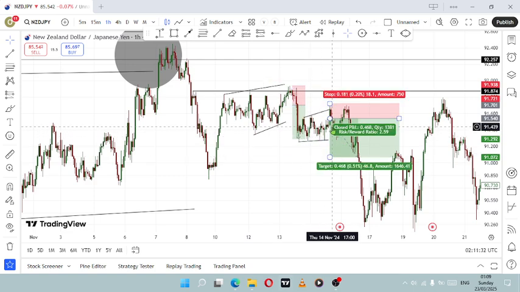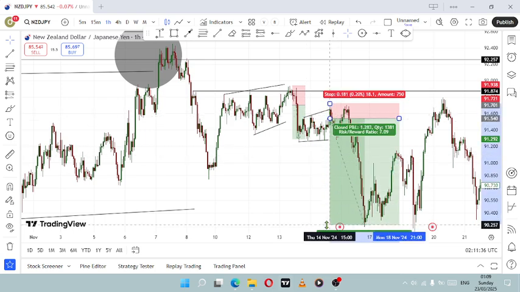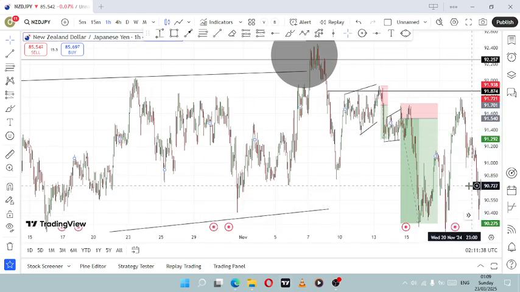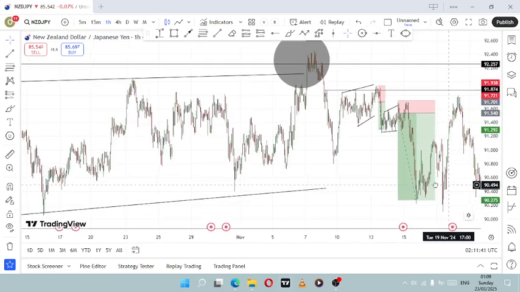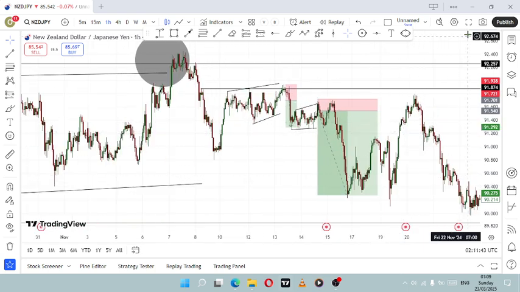Because it is a 1 hour structured flag, 1, 2, 3, I will look for this entry now and continue the move to the downside.